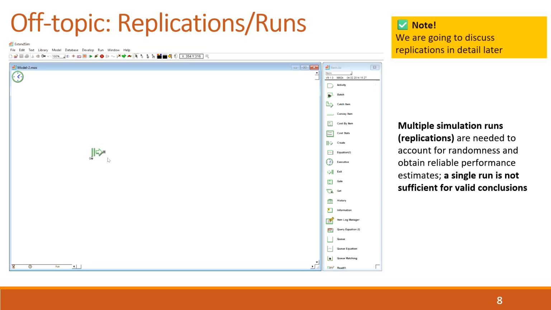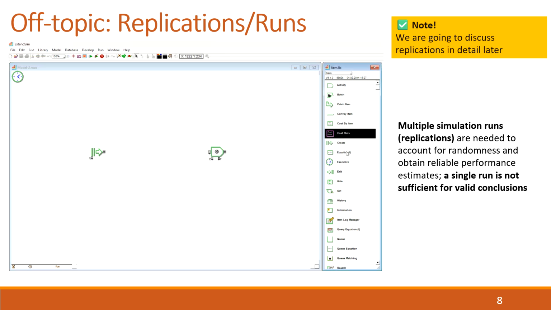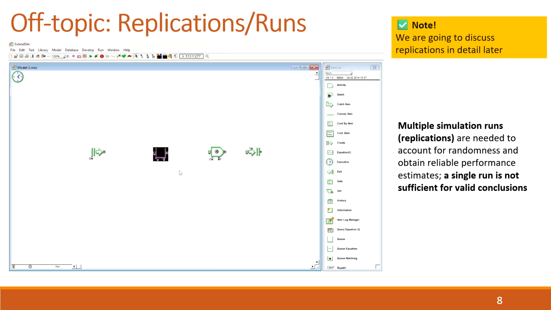Next I'm putting the create block on the table, which will generate the items. Next I will use an activity to simulate some operations. What else I need is the exit block to simulate the exit from the system. And finally I need a queue block. So here is the model which I got.